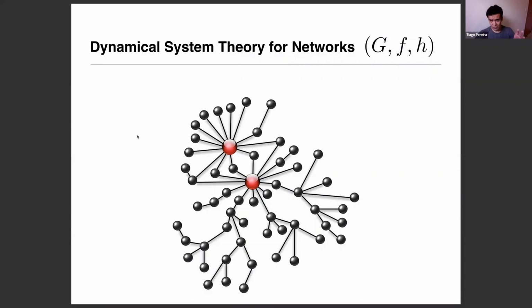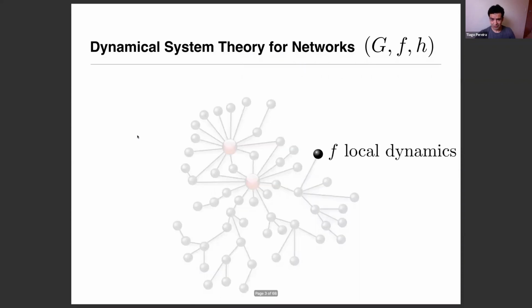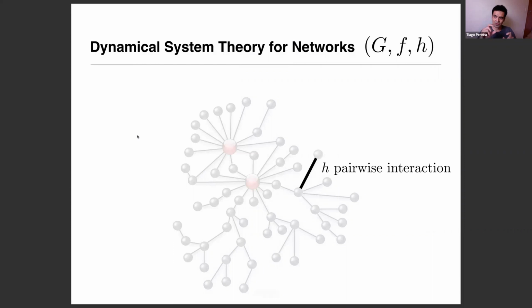So here what I'm trying to represent in this picture is the following. I have a collection of dynamical systems, not a single one. Each dynamical system is modeled by its own local dynamics, which here is written in terms of F. So I have multiple copies of these dynamical systems, and they will feel each other, so interact in a certain sense according to a prescribed rule, which in this case here is denoted by H. And what's important here is that this interaction is pairwise, so it's between two nodes.